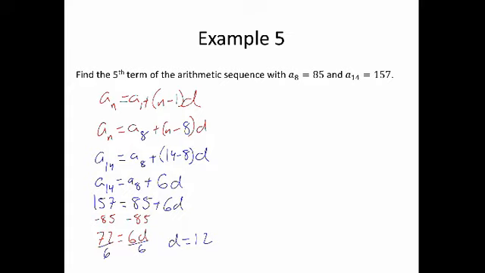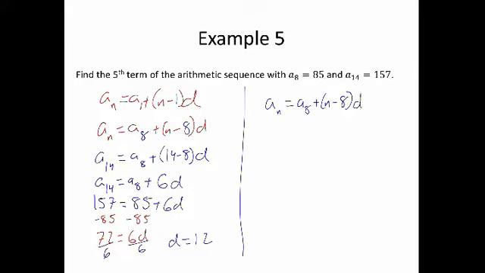Now that's great, but we still need to find the 5th term. We weren't just asked to find any terms in between, because then I could go, okay, from the 8th term, I can just add 12 to get the 9th term, add 12 to get the 10th term. What we can do is restart and reuse the modified equation we were working with here: a sub n equals a sub 8 plus n minus 8 times our common difference d.